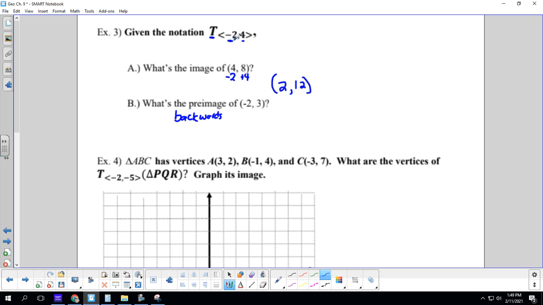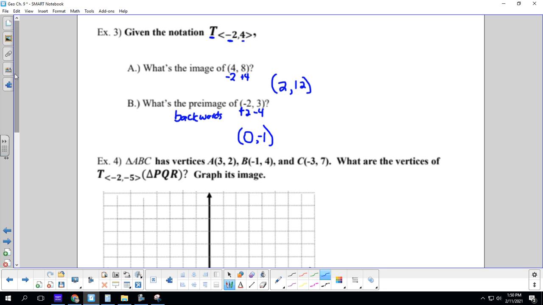Here we went left 2, so for here we're going to go right 2. And we went up 4, so we're going to go down 4. So the pre-image is -2 plus 2 is 0, and 3 minus 4 is -1. So the image is just doing it straight and standard, adding or subtracting depending upon if it's positive or negative on the x, and adding or subtracting on the y.